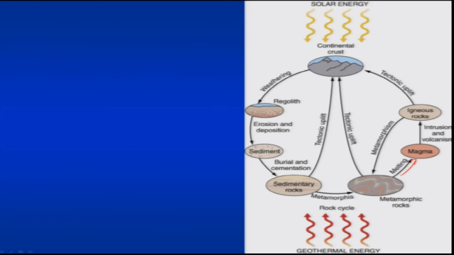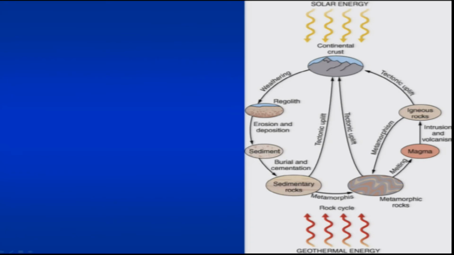The molten magma will be intruded into the country rocks, or extruded on the surface through volcanic eruptions. That results in the formation of igneous rocks, and then those rocks are tectonically uplifted.